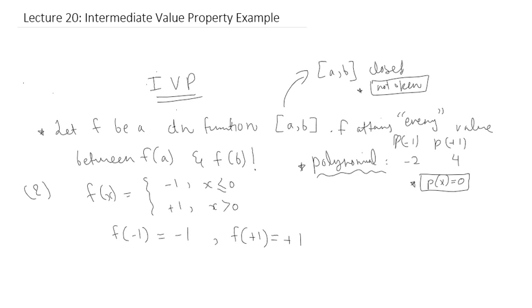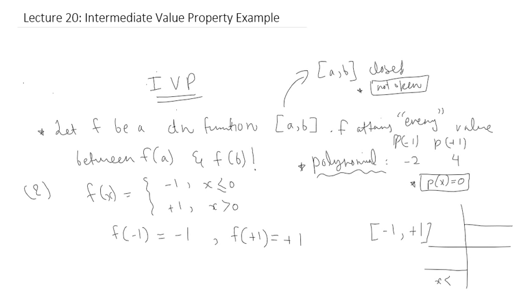So the idea is that f does not attain any other values on this interval except these two values. So if we consider the interval -1 to +1, we have -1, right? If we have -0.5, it's still going to be -1, right? So if you were to draw a graph like the previous cases, we'd get something similar to this.